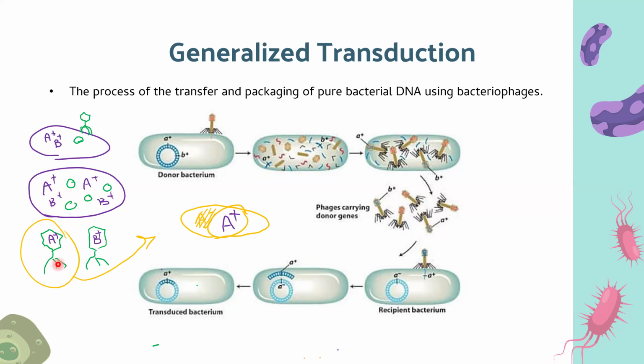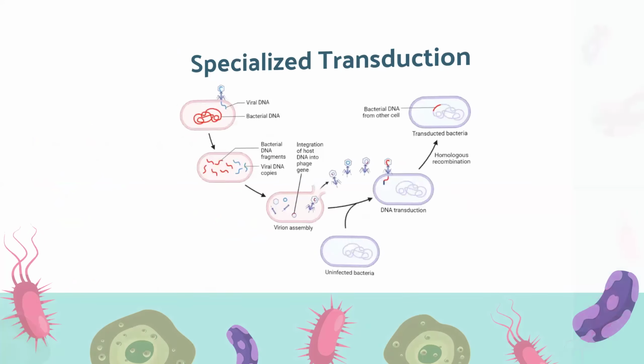So here we see a bacteriophage that took the A plus gene, and here a bacteriophage that took the B plus gene. When those bacteriophages go on to infect another bacterium, they are going to transmit this purely bacterial DNA into this recipient bacterium, giving it new features that it did not have otherwise. The exact same process happens in transduction.